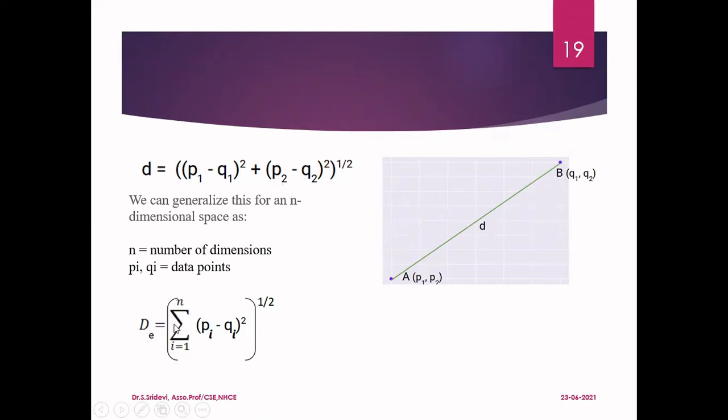For that, I am going to use summation. Since here we have a 2-dimensional plane, we have 2 parts. But if you have an n-dimensional plane, we will have n parts. So you sum this from i equal to 1 to n, and finally you have to take the square root of that. So we have the whole power half. By means of this, you can find the distance between 2 points. And try to remember this formula because this is for the n-dimensional plane.